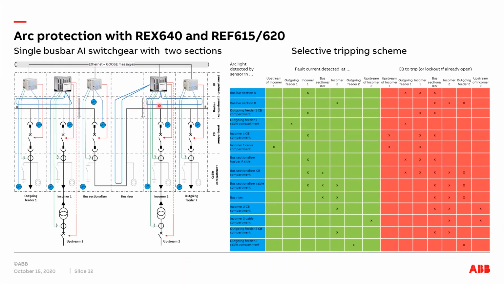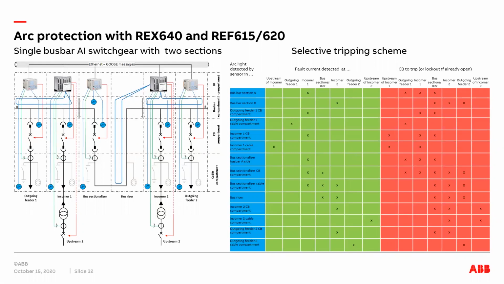Both busbar sections are protected by loop sensors, and also the bus riser compartment. That's briefly some solution examples with Relion relays and with the REA system.